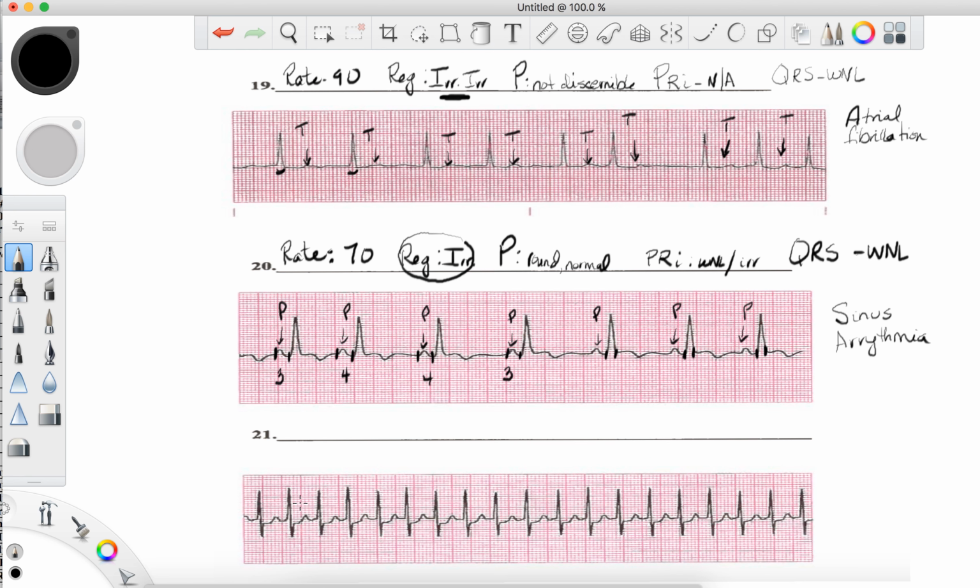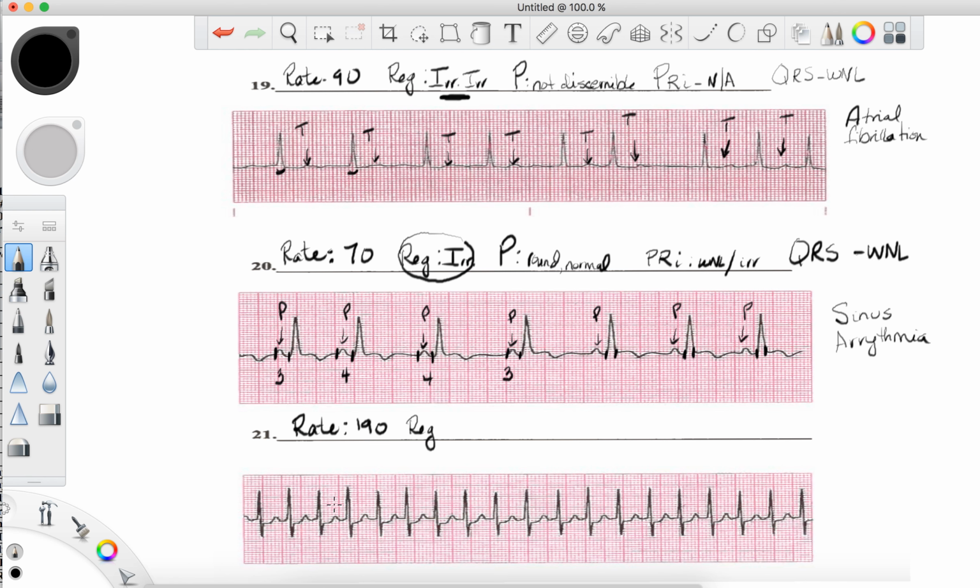Okay, all right, moving on to 21. So we have a very fast rate, so it's a rate of 190. It appears to be regular. P waves, we're not really able to see them.